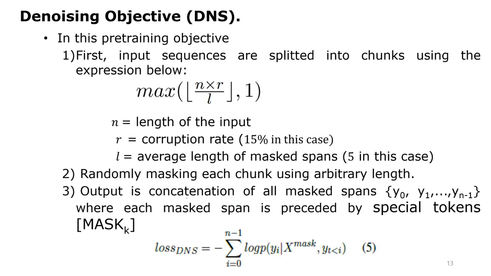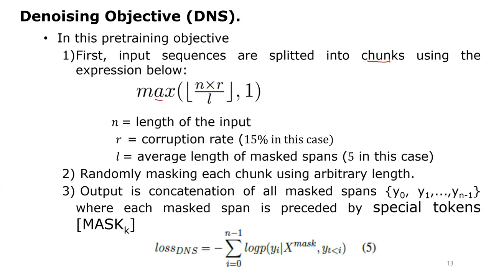In the case of the denoising objective, we also use masking, but the masking is random. In this pre-training objective, the input sequence is first split into chunks. Chunks means splits of the source code sequences.